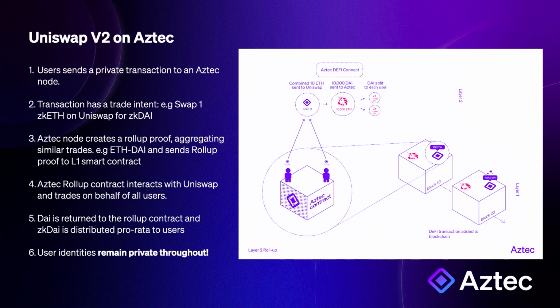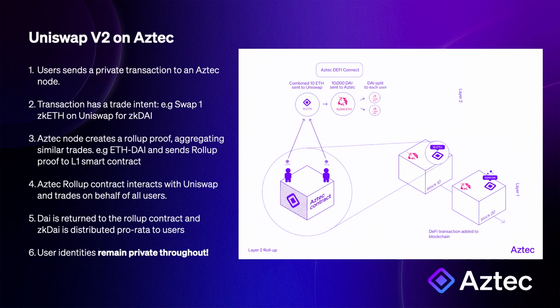And then that rollup proof is sent to L1. It effectively has inside it instructions that allow the Aztec rollup contract on L1, which owns all of the users' funds, to make a trade with Uniswap directly through your bridge contract. So that trade is on behalf of all the users who did that particular interaction.